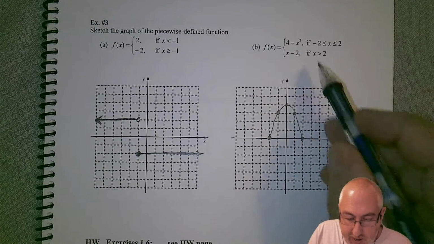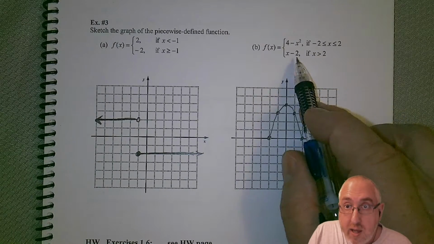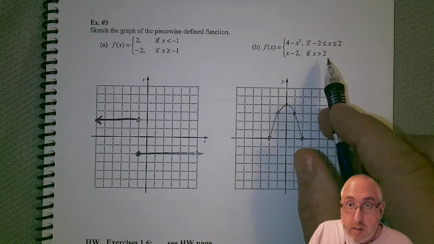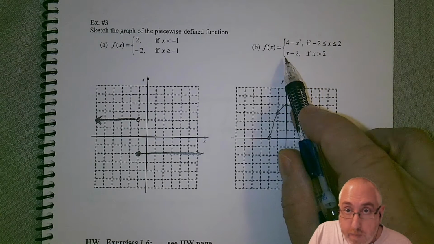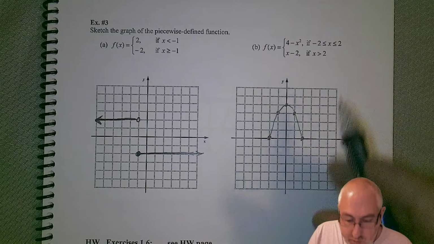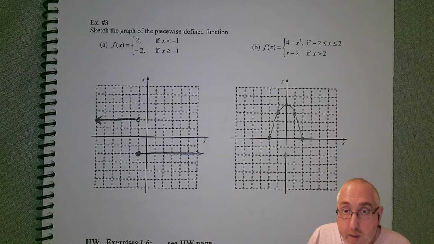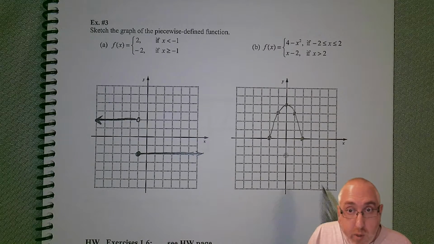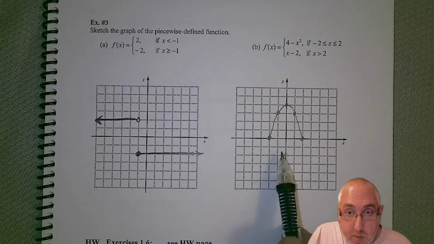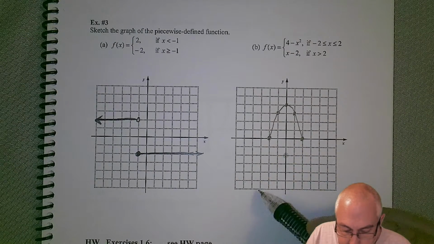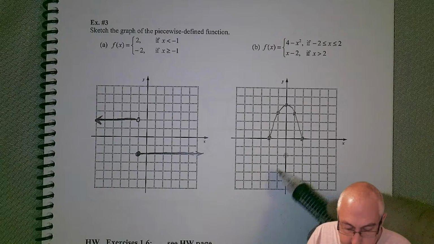And now we have x minus 2 if x is greater than 2. So we know it's got a slope of 1 and a y-intercept of -2. So it would normally intersect down here. But we've already got the function defined in this part. So we're just using this for reference. So we can kind of see our line is going to be going up through like this.